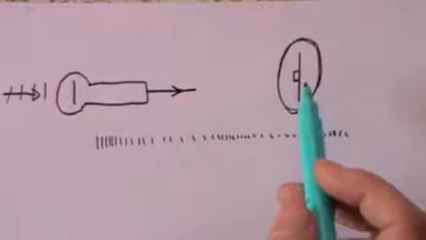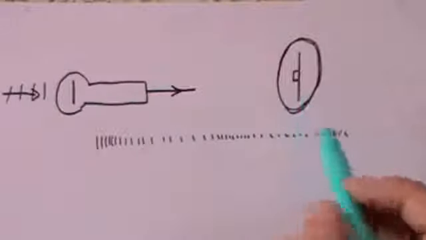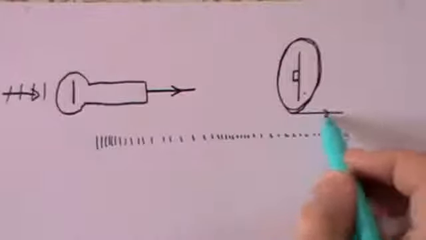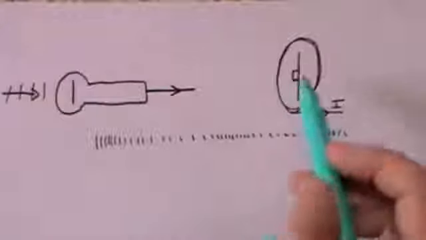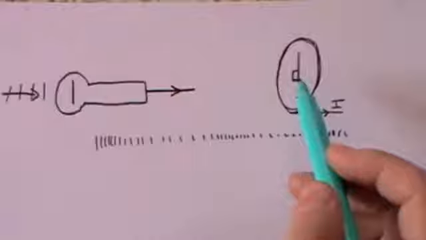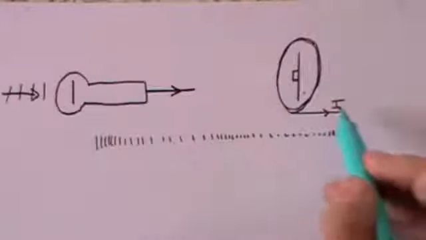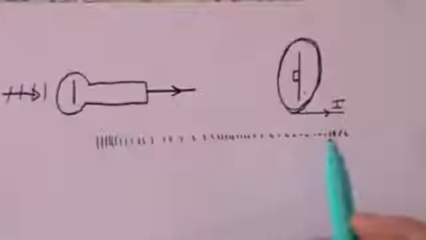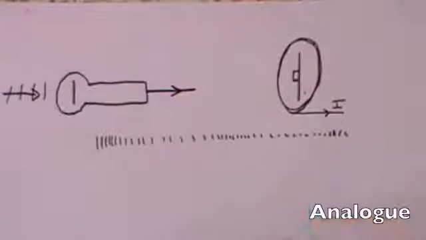And wherever you have a moving magnet in a coil, you will get a current flowing. So in this coil, a current will flow, and the size of that current will reflect the degree of movement of the magnet. We've done this in electromagnetism. So you've got a current that is essentially analogous to the sound wave that caused it, and that's why it's called an analog signal.